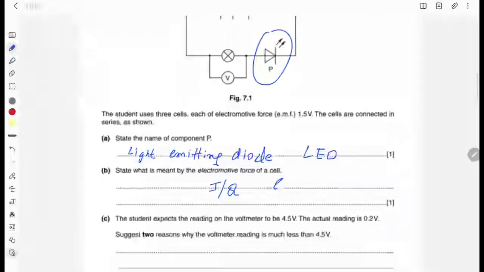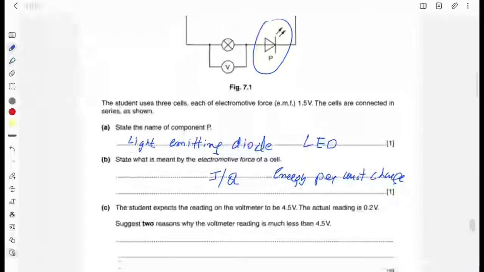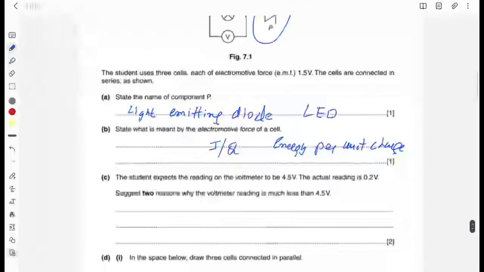And this is energy per unit charge. But go back to my notes which I have given in this video.